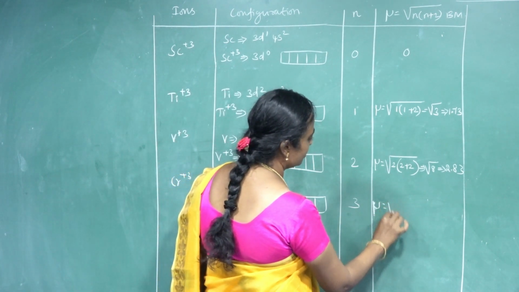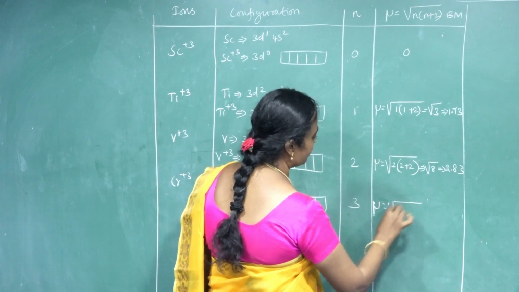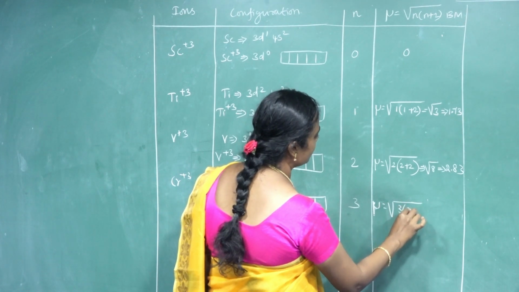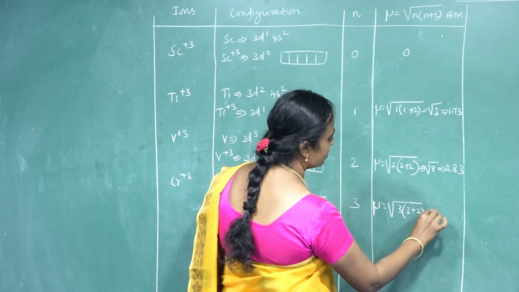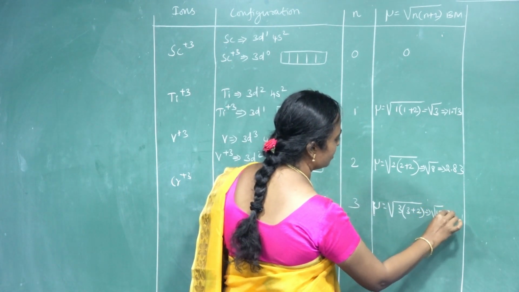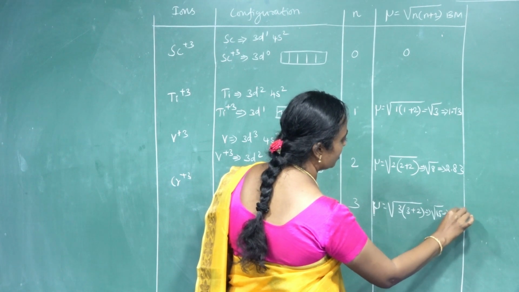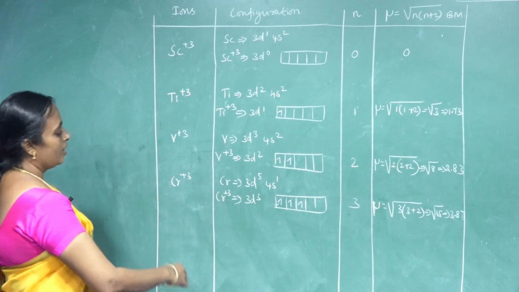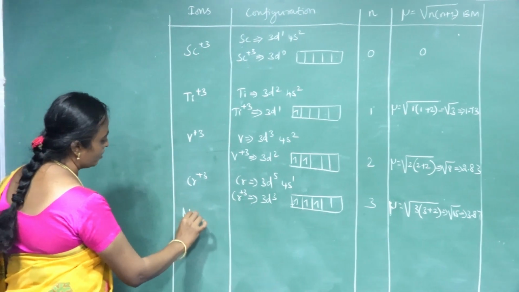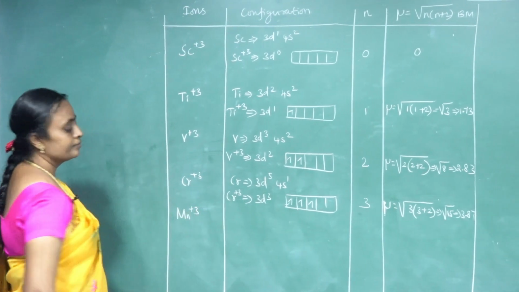Mu is root of 3 into 3 plus 2, which gives root 15, that means 3.87 magnetic moment.